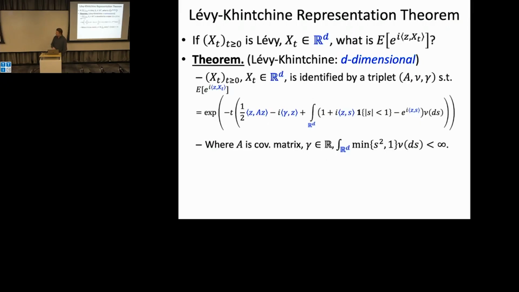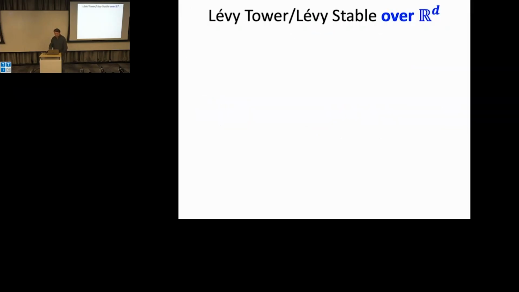You can extend Levy processes to higher dimensions, and the form of the Levy-Khintchine representation theorem stays the same, except you just replace everything with inner products. So when you do this, the Levy tower doesn't need to change. If each entry of your vector now is not a single real but a d-dimensional object, you can give any updates you want to that d-dimensional object.